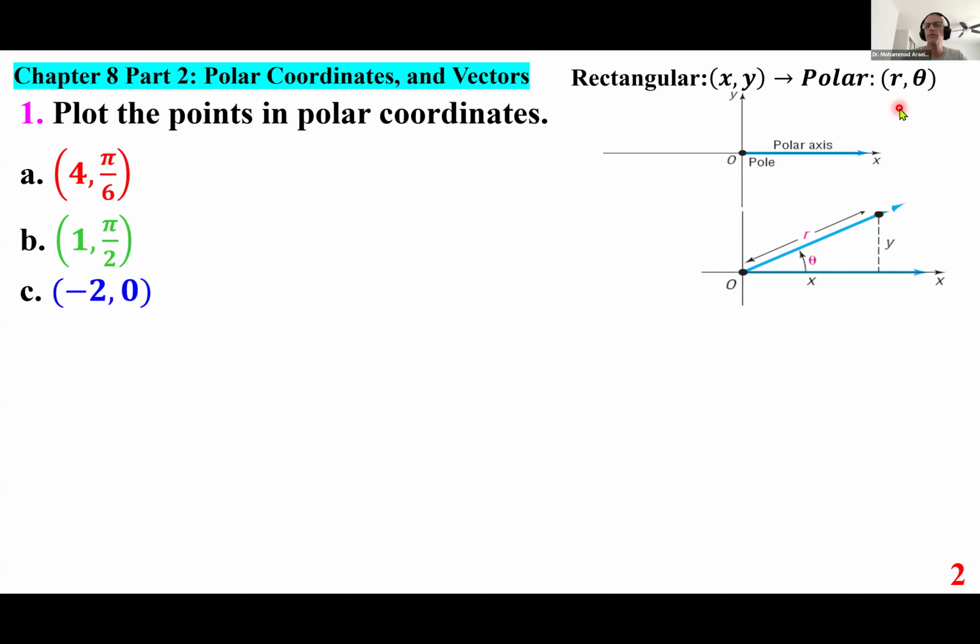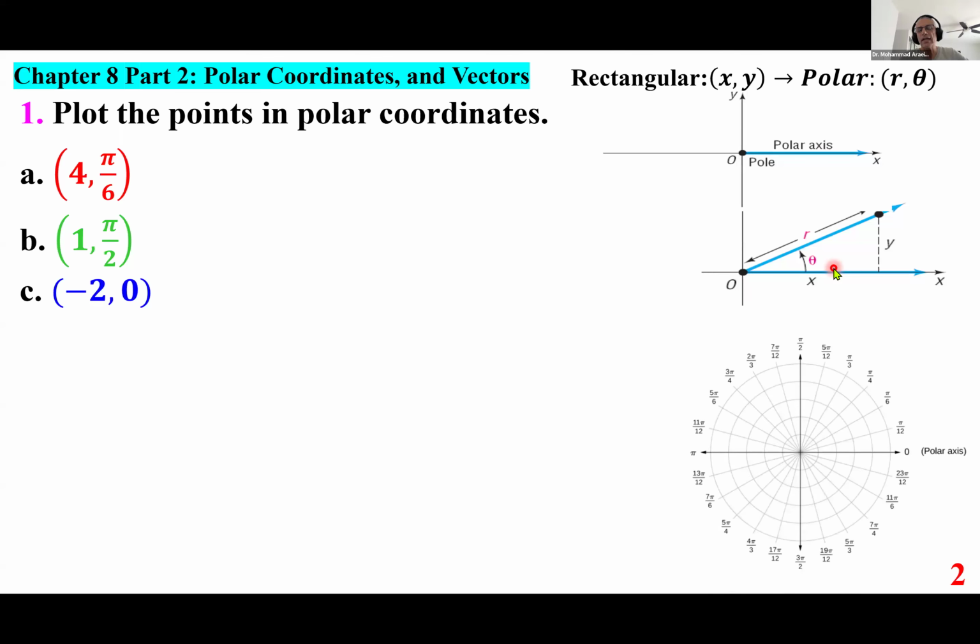In other words, if you have a point, you can represent it with the rectangular coordinate system. X would be the distance from the y-axis, y will be the distance from the x-axis, or with the polar, r represents the distance from the pole, and theta, or the modulus, or the angle that it makes with r.